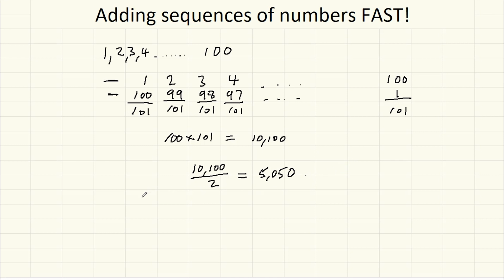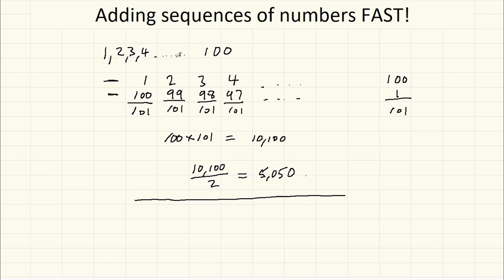Okay, let's try that again, but we're going to think about it in a different way. We've got the numbers 1 to 100. What's the middle number? Do you think it's 50 or 51? Well, I'll tell you, there isn't a middle number on this sequence because we have an even number of terms here.